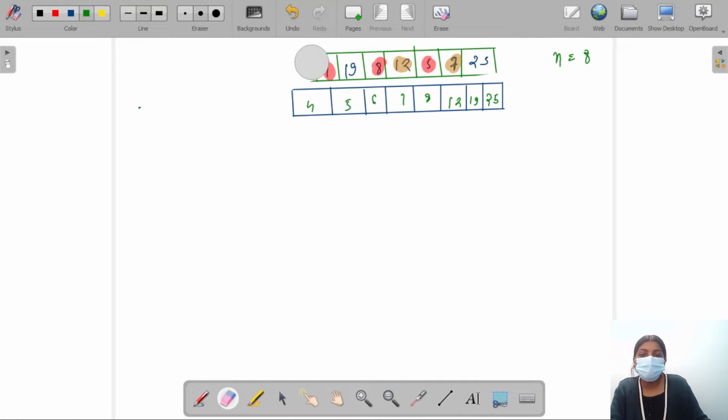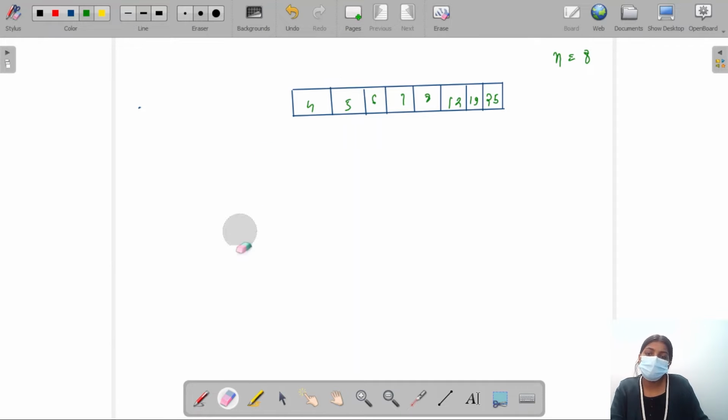Now, if I want the largest perimeter, I first check the largest three sides of my array, that is 12, 19 and 25.